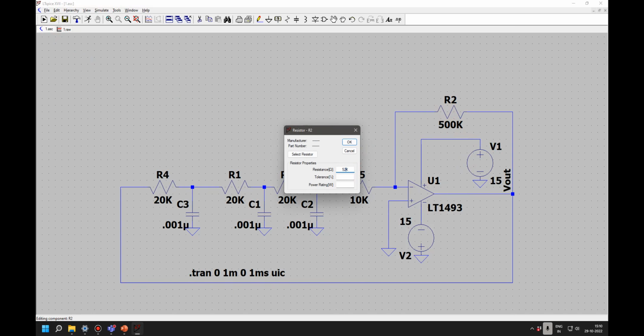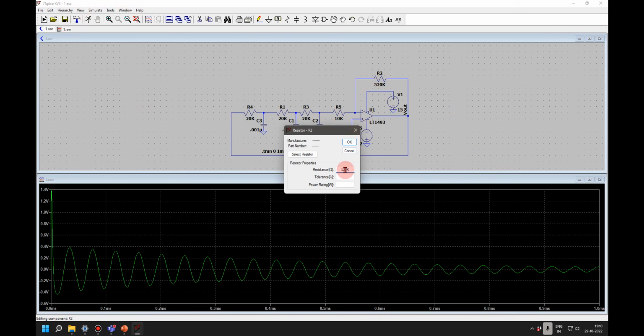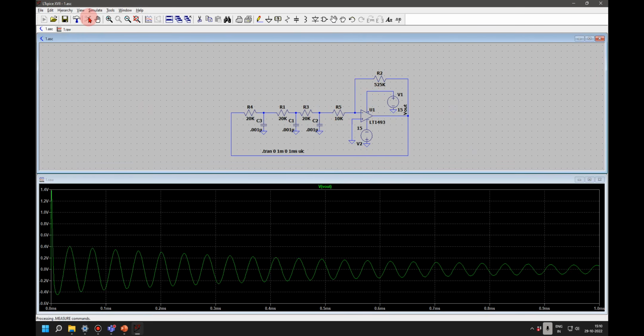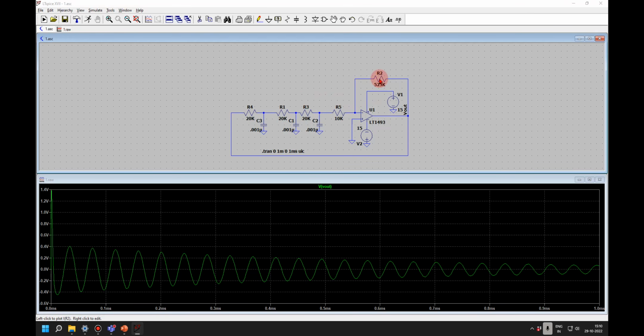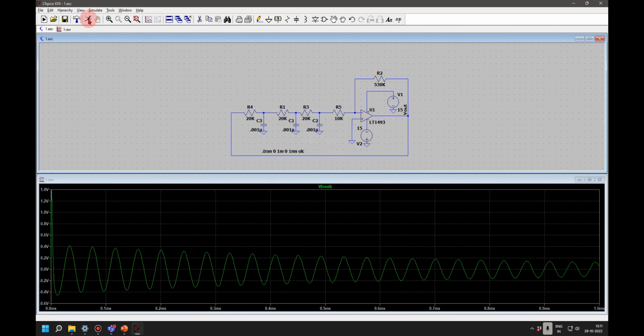So this is how, when you do your simulation, you have to set these conditions. Unless these conditions are met, you won't get an oscillation. So 520 is probably not adequate. So 525, you see it is slowly getting better now. 530. So it will sustain oscillation.